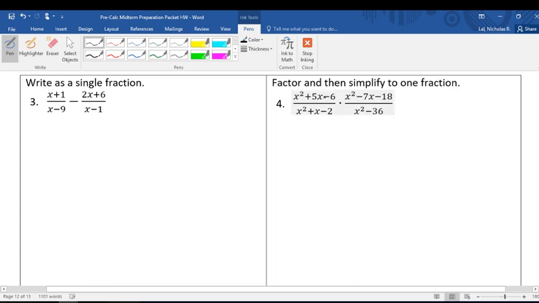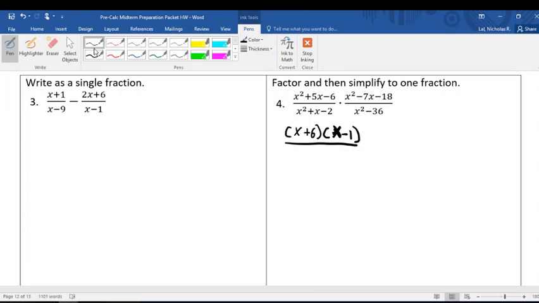So I need to know that for the first term in the numerator, two terms that multiply to negative 6 and add to 5 are going to be x plus 6, x minus 1. So the numerator term is going to become x plus 6, x minus 1. For the denominator term, you have x squared plus x minus 2.